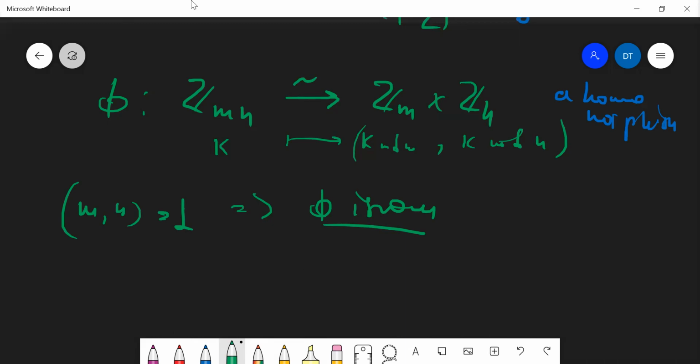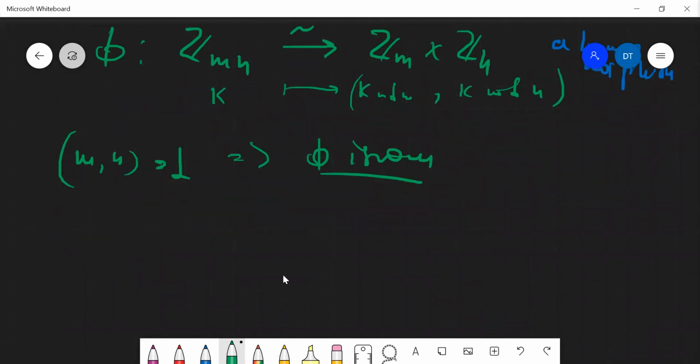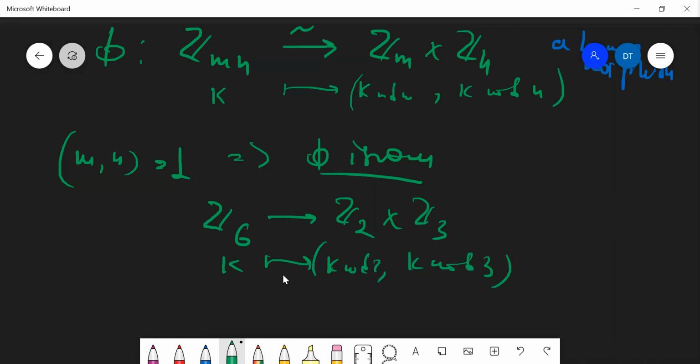And let's write this isomorphism down in a specific case of Z2 and Z3. So in this case, we have Z6 and Z2 times Z3, and each element k goes to k modulo 2, k modulo 3. Since this map is an isomorphism, there must be an inverse map.